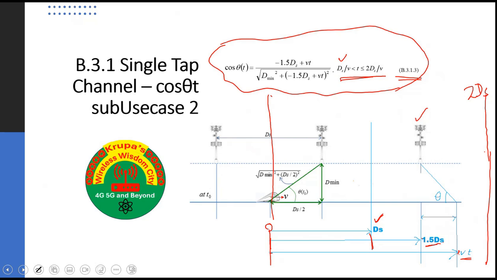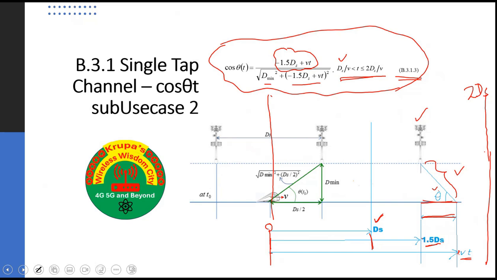So the real true distance to be covered for determining the cos theta t would be vt minus 1.5 ds, right? To find the cos theta t, you then know how to find the diagonal elements. You found this distance, now you have to find the diagonal. The diagonal is nothing but d mean square plus (vt minus 1.5 ds) square.